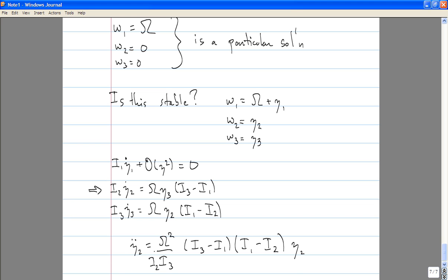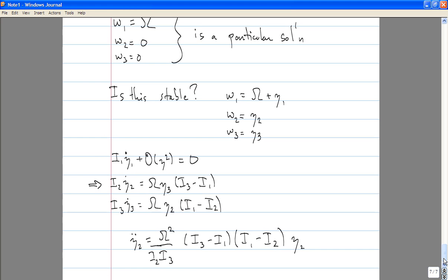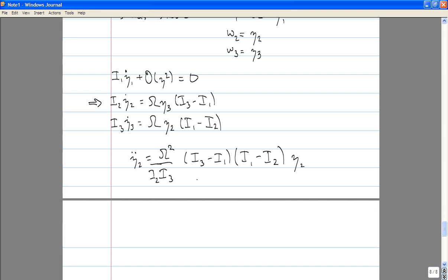Now, here's the important point. This quantity that I have written here on the right-hand side of this equation will be positive or negative depending on the relative sizes of I1 and I2.